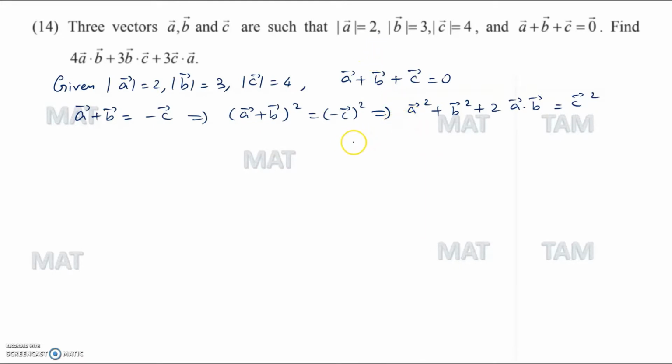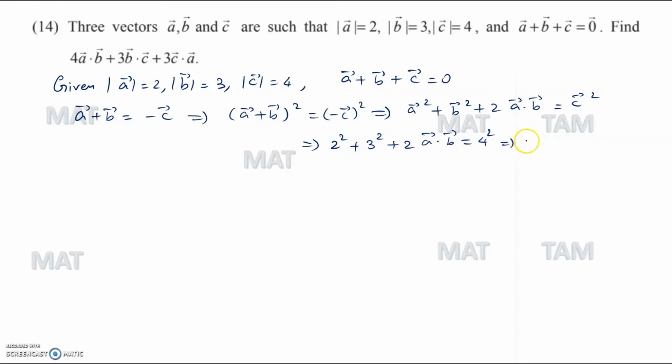So replacing, we can further say 2 squared plus 3 squared plus 2 times of A dot product with B is equal to 4 squared.